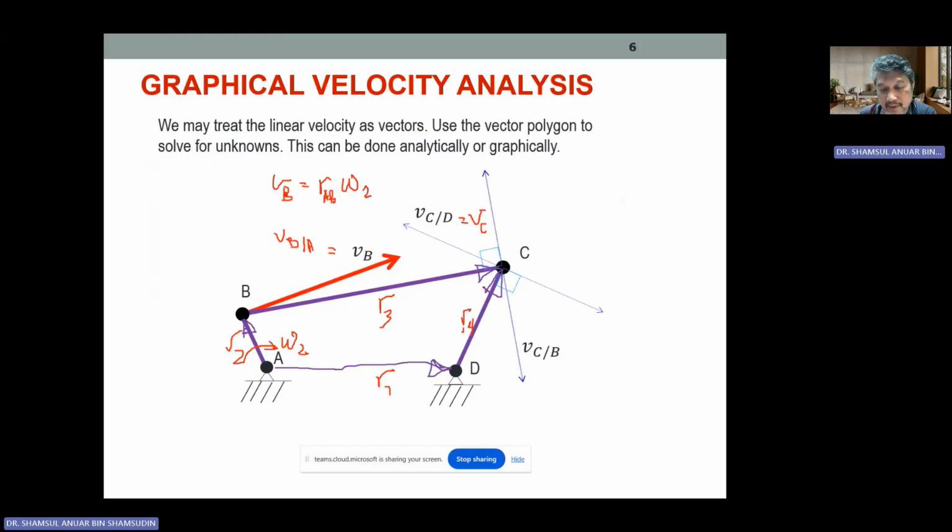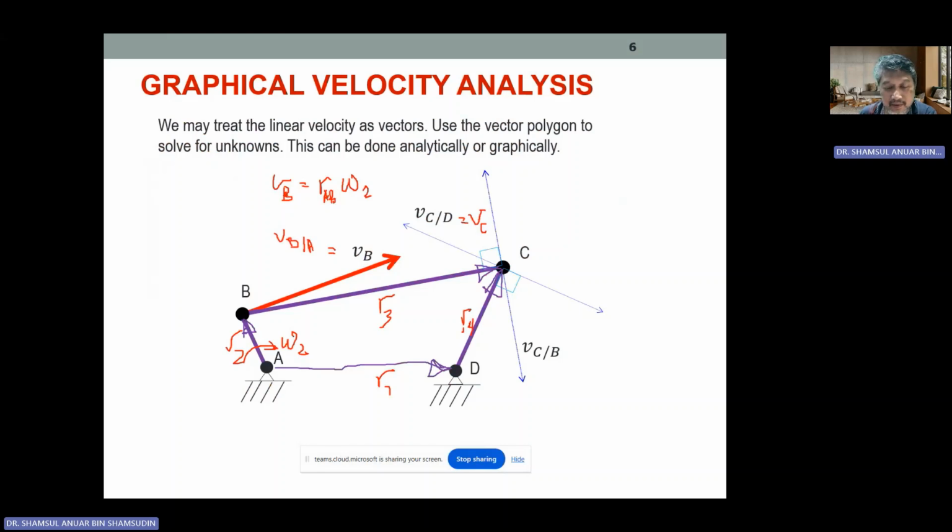Those are perpendicular to their respective links. VC is perpendicular to R4, whereas VCB is perpendicular to R3. We do not know whether VCB is going to point this way or the opposite direction, and same for VC, either it is pointing this way or that way.